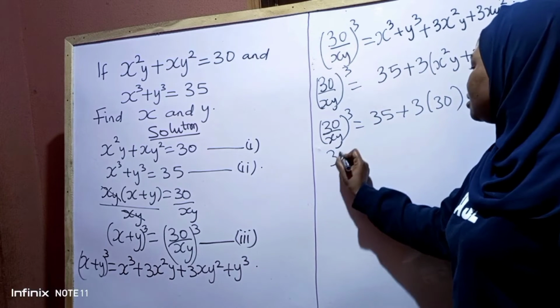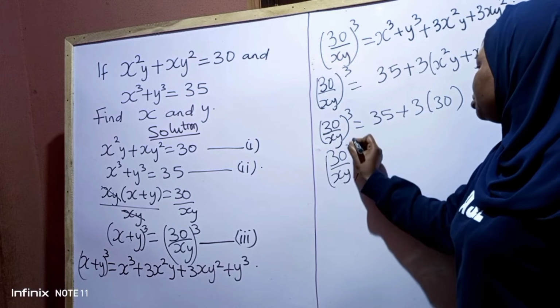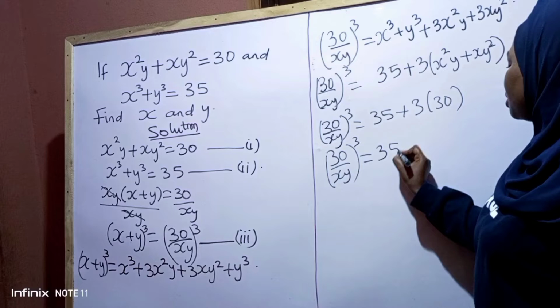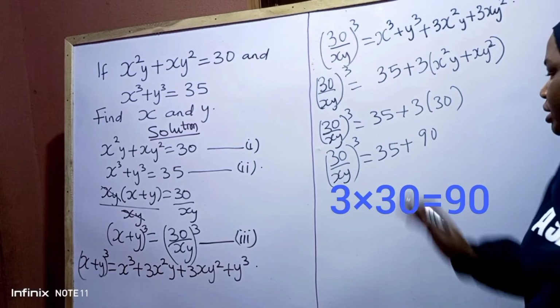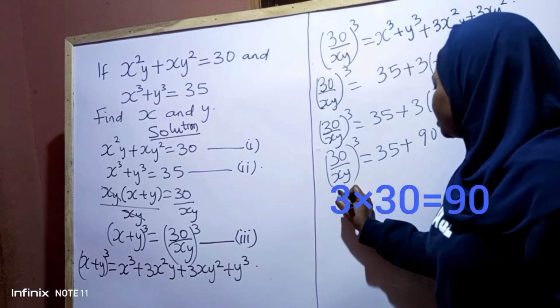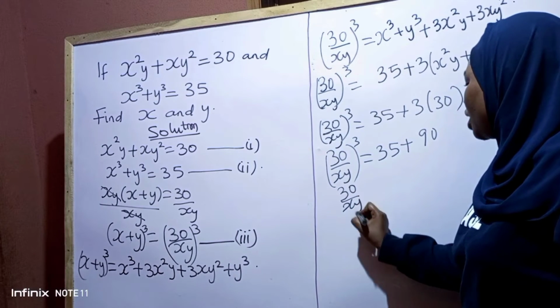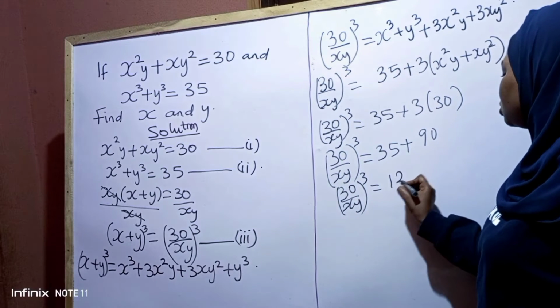So 30 over xy cubed gives me 35 plus 90, because 3 multiplied by 30 gives me 90. So I have 30 over xy cubed is equal to 125.